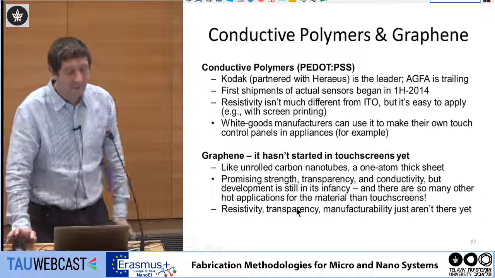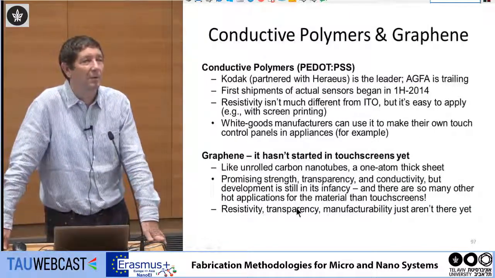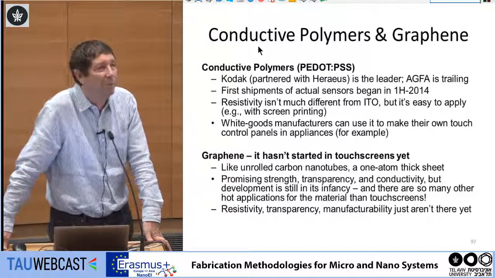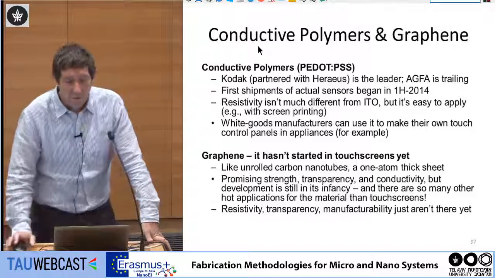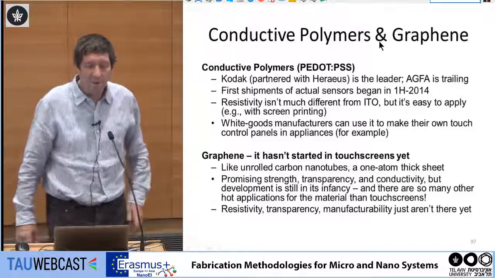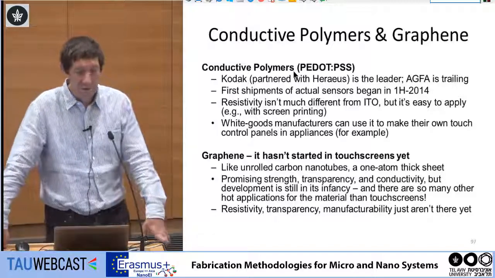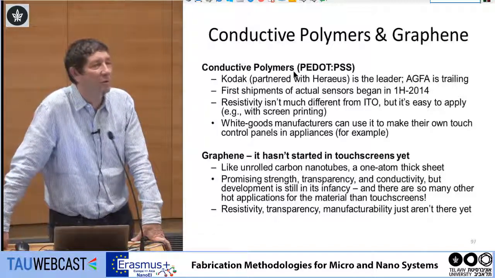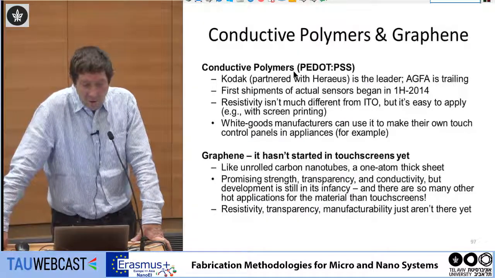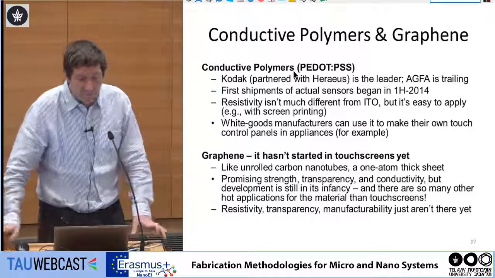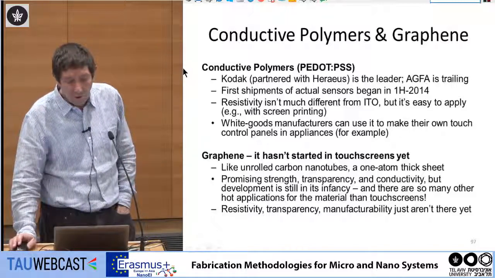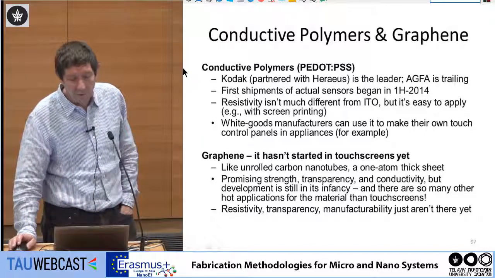Now, there are other materials which are conducting. There are special classes of polymers called conjugated polymers or conductive polymers. This specific polymer is PEDOT:PSS, but there are other polymers like polyaniline and polypyrrole. The advantage of PEDOT:PSS is that it's transparent. It's made by a few companies, and it started only about 3 years ago.